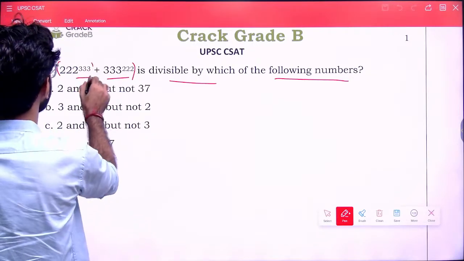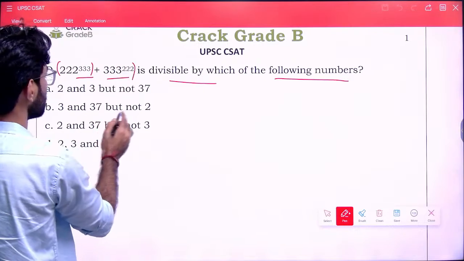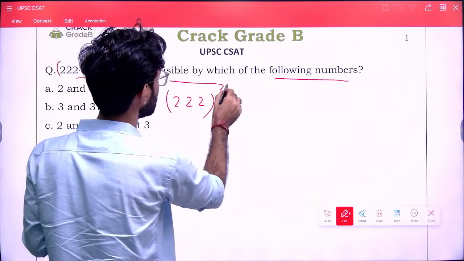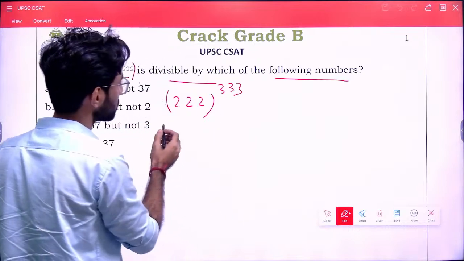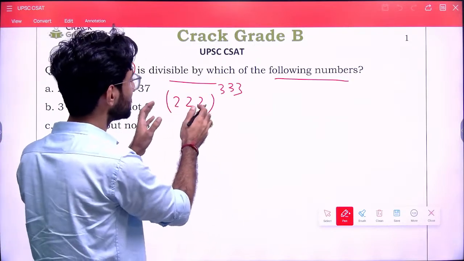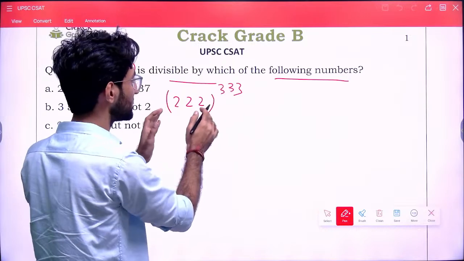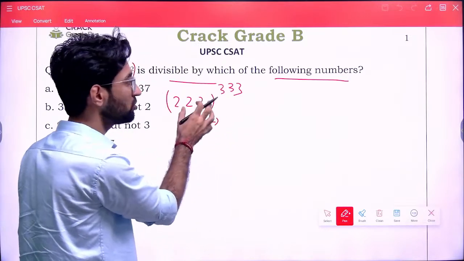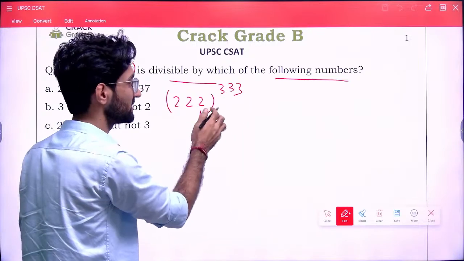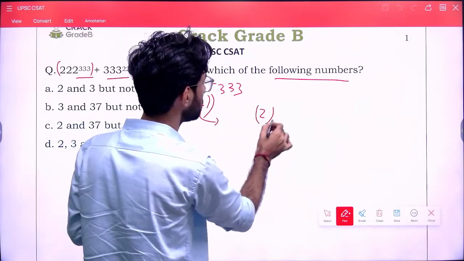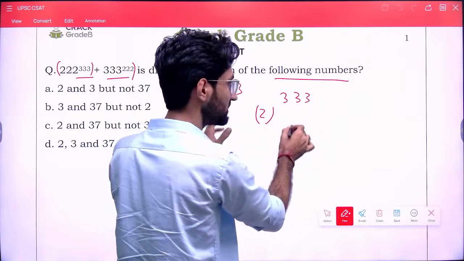So let us look at the first part of the given number. The first part is 222 to the power 333. If you want to find the unit digit of 222 to the power 333, we can say that it is equal to the unit digit of 2 to the power 333, right?